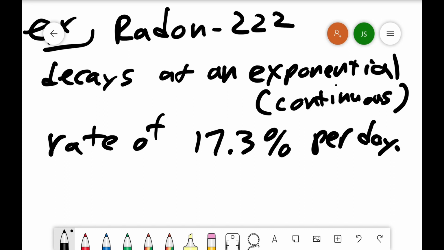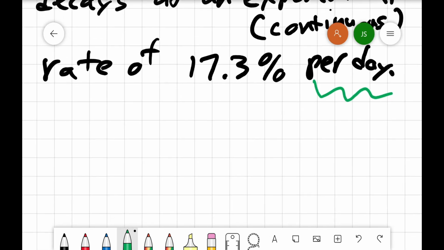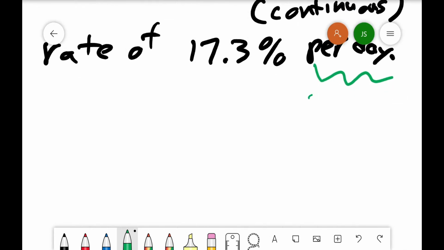So this is the first time I'm using time that's not in years. Time's going to be in years for all those banking questions. But for arbitrary questions about exponential growth and decay, be careful. Time could be in any kind of unit. So this time it's per day. So I'll just say t per day.